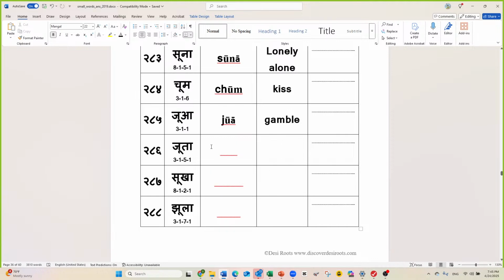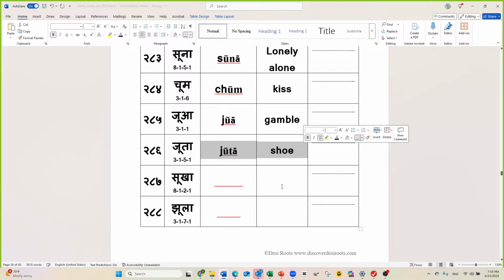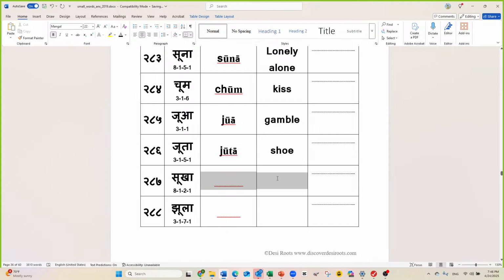Next word. Juta simply means shoes. Okay? Next word. Sukha. Sukha is to dry or dried. And next word.